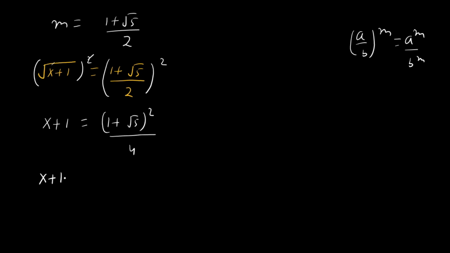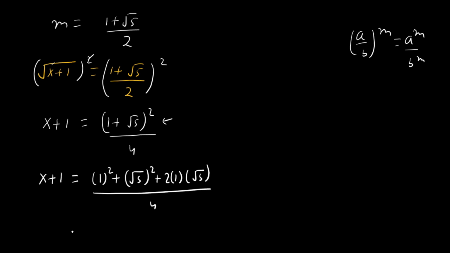x plus 1 equals, in the numerator we will apply a plus b whole square, 1 square plus square root of 5 square plus 2 times a, that is 1, and b, square root of 5, and divided by 4. Then x plus 1 equals 1 square is 1, plus the square root is cancelled out by this square, then here 5 plus 2 times square root of 5 over 4.